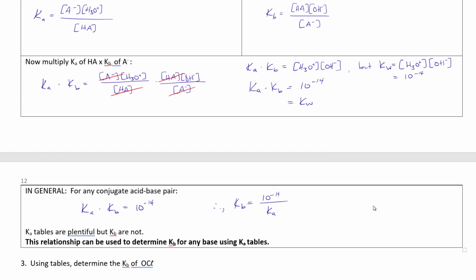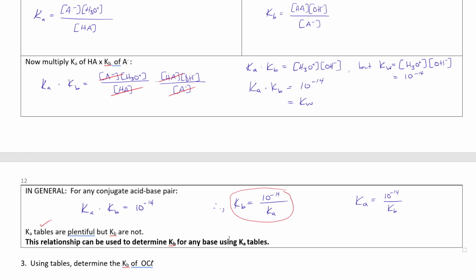Or if I need to find Ka, I can do 10 to the negative 14 over Kb. However, this is the equation that you'll be using most often because Ka tables are plentiful. There are a lot of Ka values given, and essentially what is assumed is that if you have the Ka, then you can find the Kb value of its conjugate base, right?